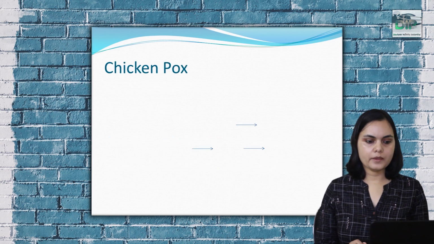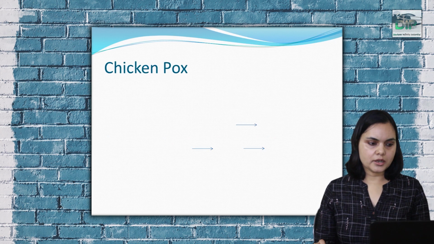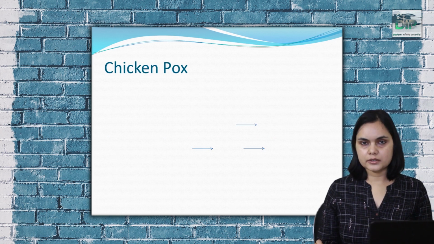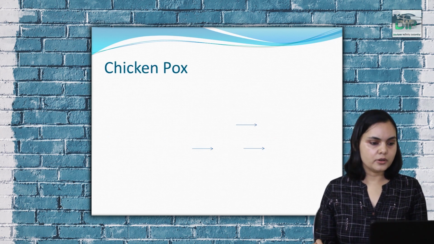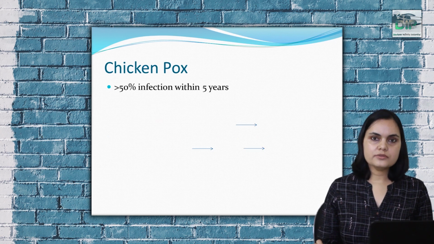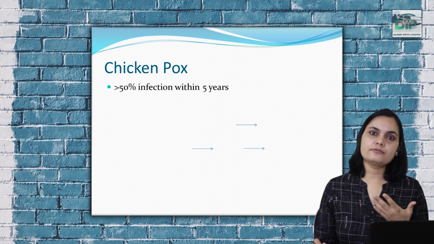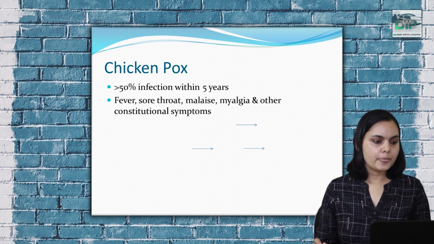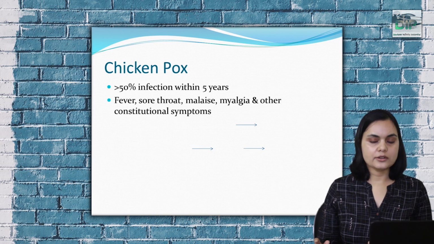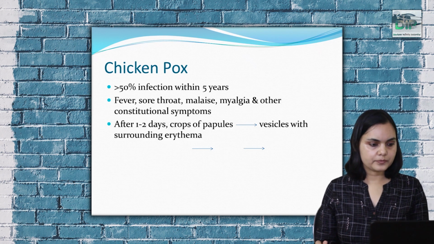Now coming to another common pediatric viral infection, that is chickenpox. Most of the time, more than 50% of infections occur in children less than 5 years of age. It presents with fever, sore throat, malaise, myalgia, and other constitutional symptoms.